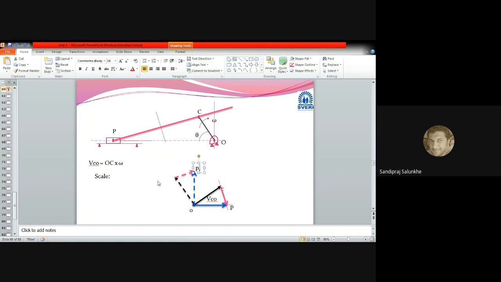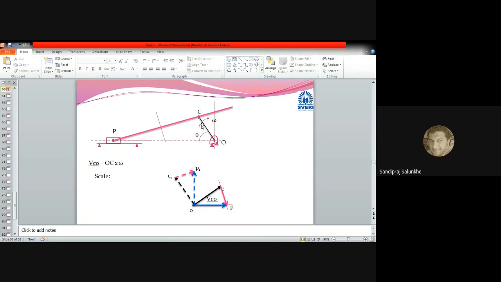This point C is rotated and moved to the C1 position. O remains at its own place because we are rotating about O. So this whole diagram we have rotated about the center O.